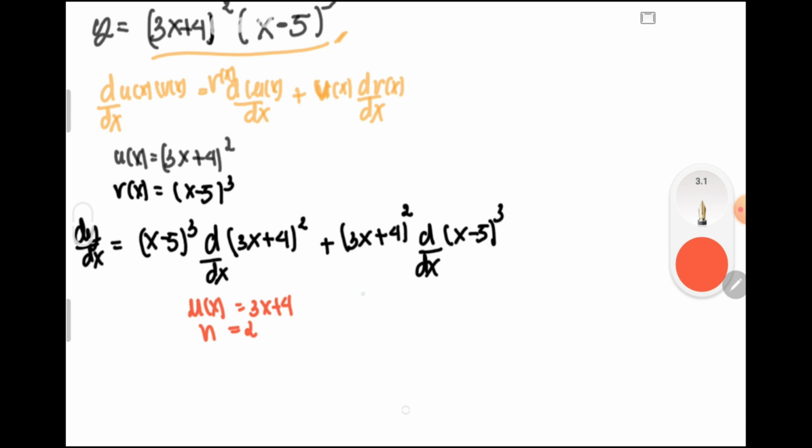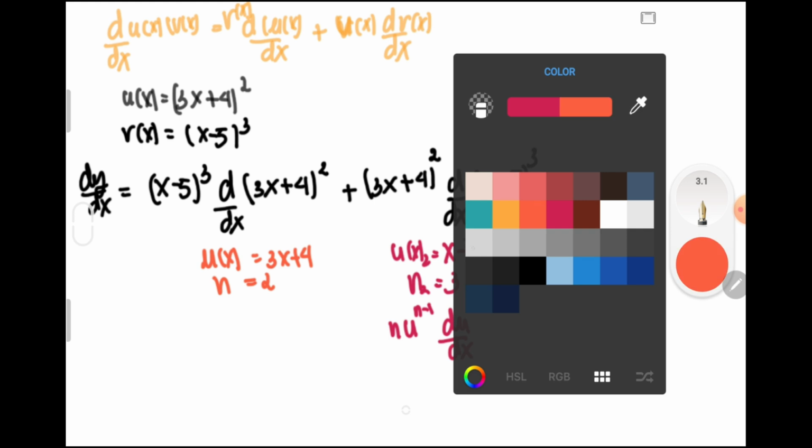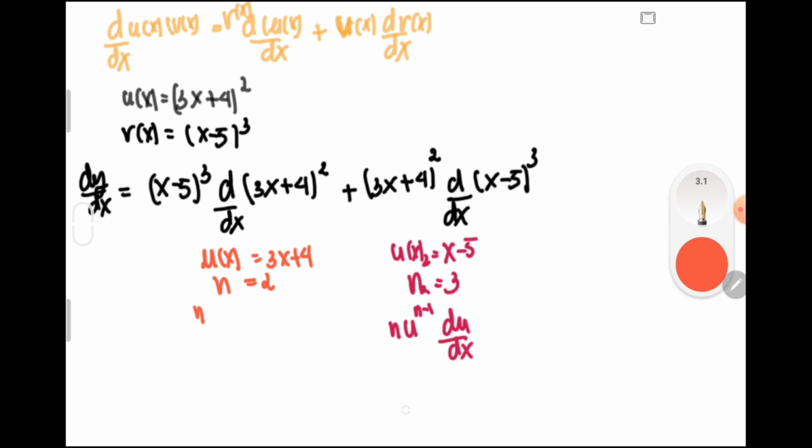And also, our u sub 2 of x, which is equal to x minus 5, and n sub 2 is equal to 3. So therefore, we would use our n u raised to n minus 1 du over dx. Also, we do the same thing here, wherein n u raised to n minus 1 du over dx.